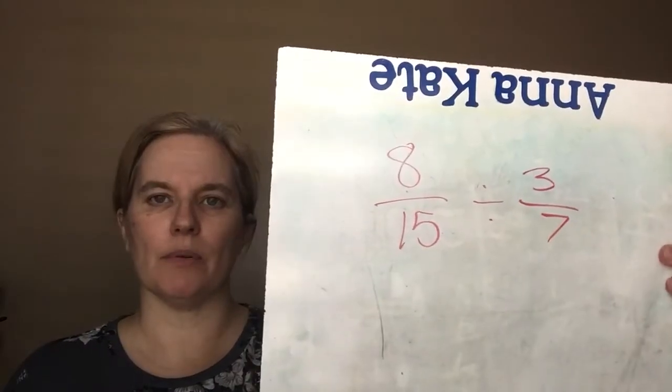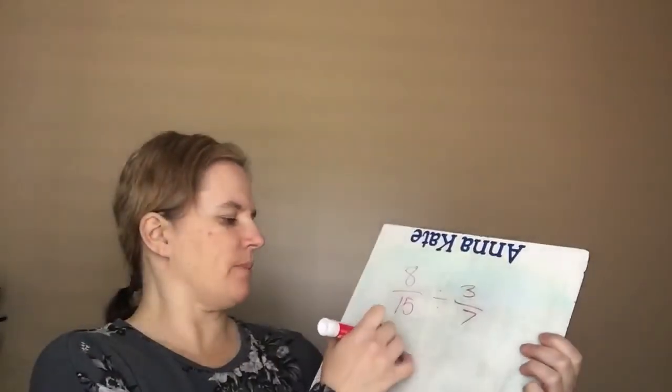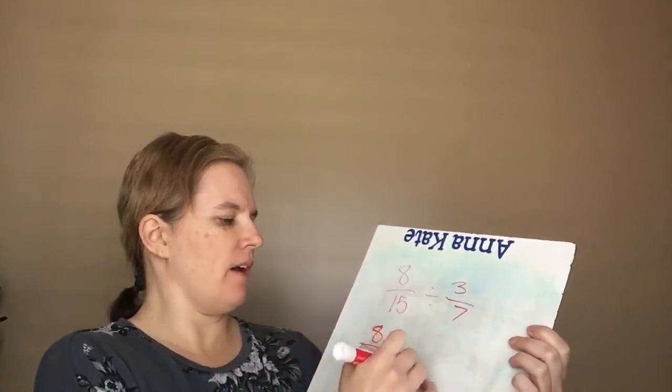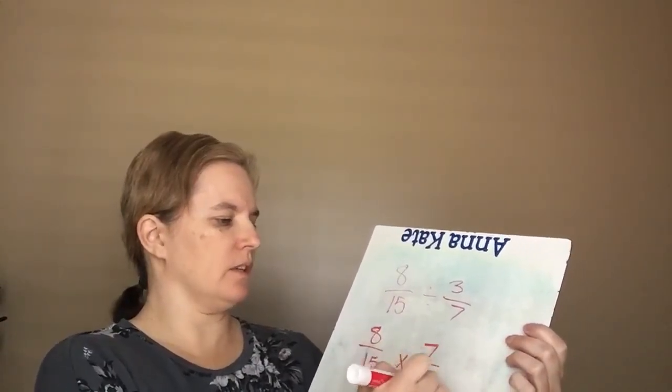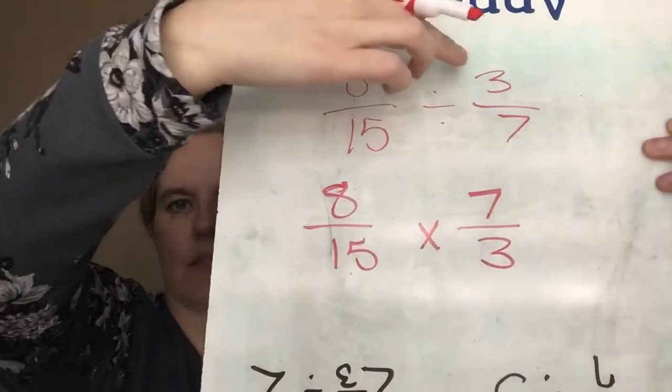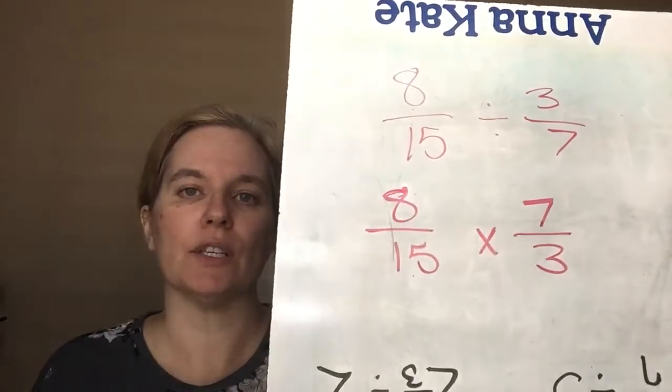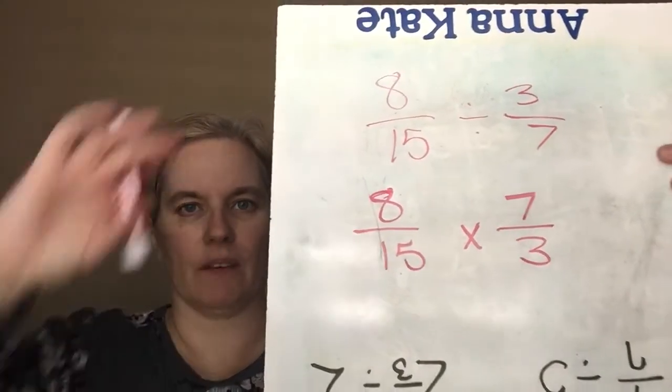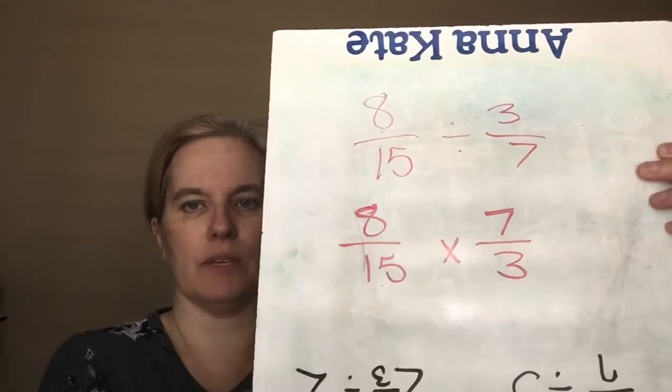To work that problem, you keep the 8/15 the same, flip over the second one. In other words, you invert the divisor. Flip over that second one. Now you can multiply. Okay? So don't forget to do that. You have to do that anytime that you're dividing.